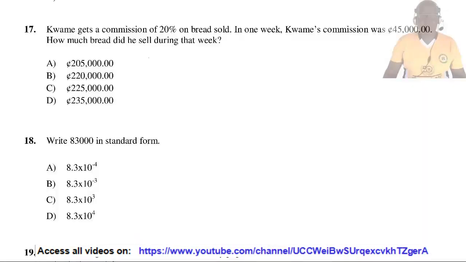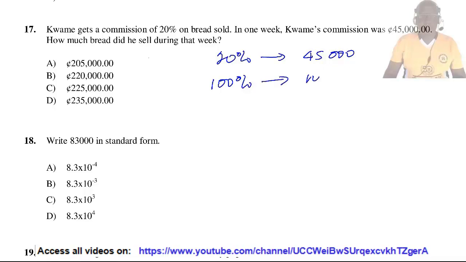Question 17. Kwame gets a commission of 20% on bread sold. In 1 week, Kwame's commission was 45,000 cedis. How much bread did he sell during that week? The 20% corresponds with 45,000 cedis commissioned within 1 week. Therefore, 100%, which corresponds with the total bread sold, is going to be more. If more, less, divide.